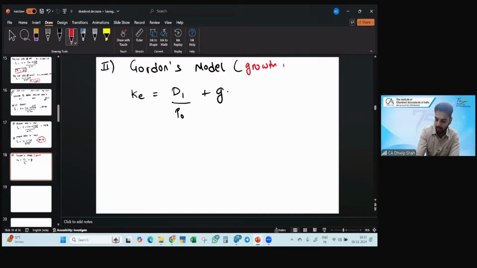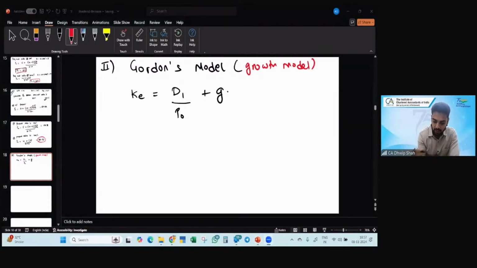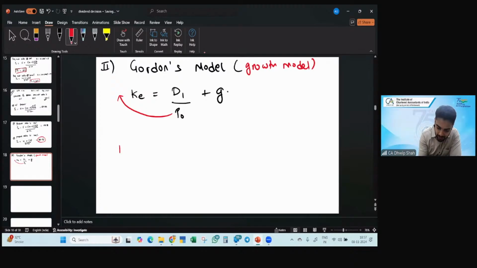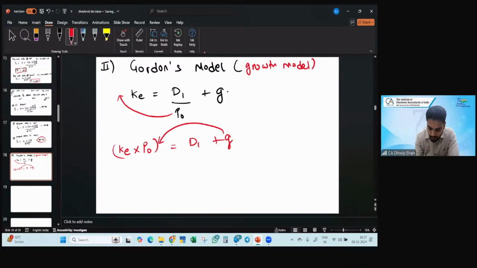This was the formula that you have learned. Yes or no? So, if I take P0 above, can I say it would be KE multiplied by P0 is equal to D1 plus G? Yes or no? Now, if I take G on this side, sorry, there is some error from my side.